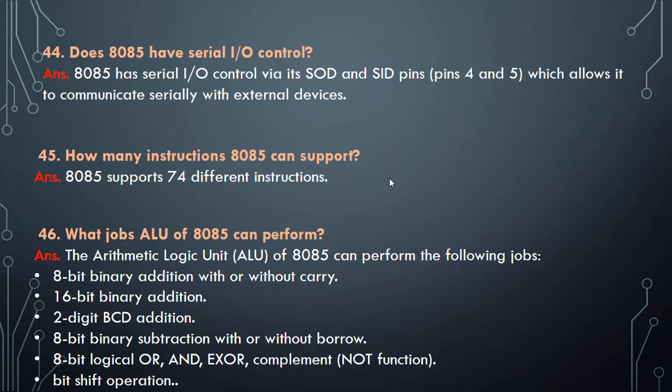These are 8-bit binary addition with carry and without carry, 16-bit binary addition, 2-digit BCD addition, 8-bit binary subtraction with borrow or without borrow, 8-bit logical AND, OR, XOR, complement, that is NOT operations, and several bit shift operations.